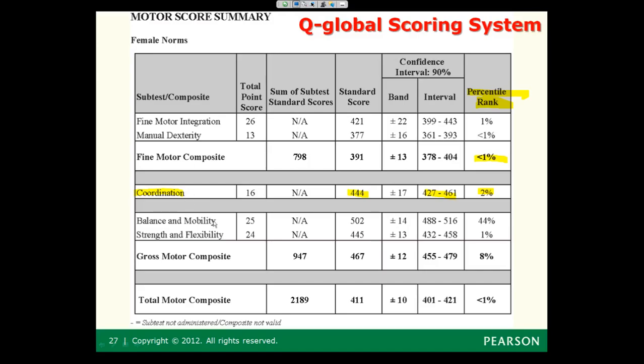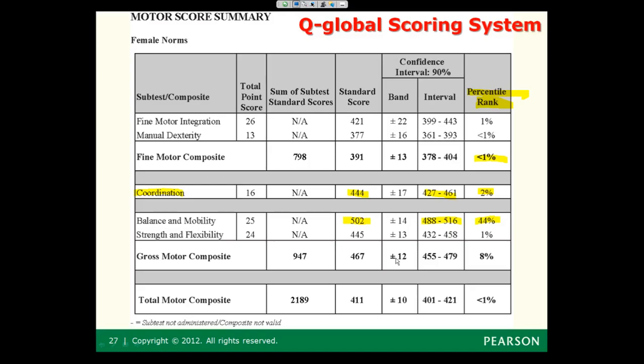Now for balance and mobility, her standard score was 502, which is just at about the 50th percentile. It is at the mean, so it is compared to the 44th percentile for her age compared to motorically healthy adults, and that is a standard score range of 488 to 516.